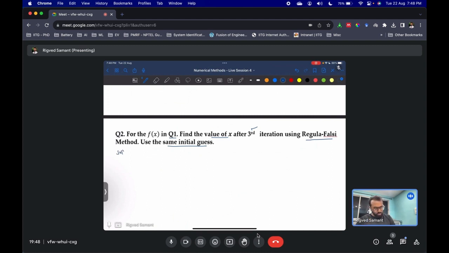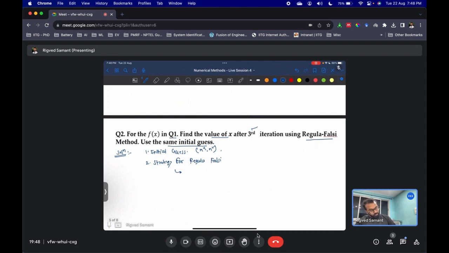How to go about this? The first thing is your initial guess. Second is your strategy for Regula-Falsi. So what is the strategy here? This is the initial guess, xl comma xr. These are your initial guesses.